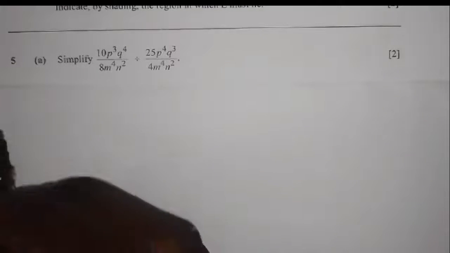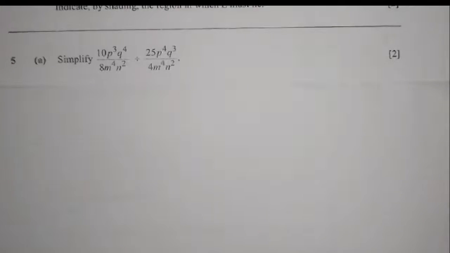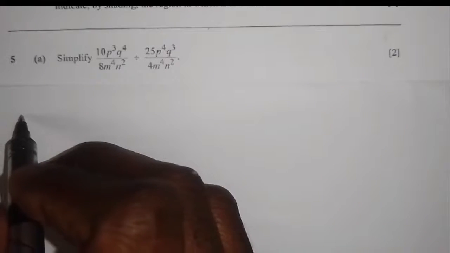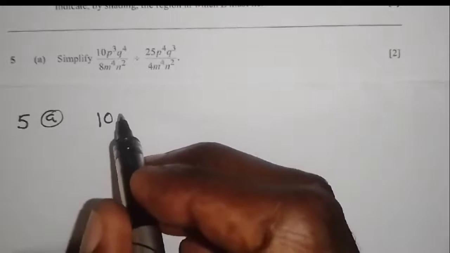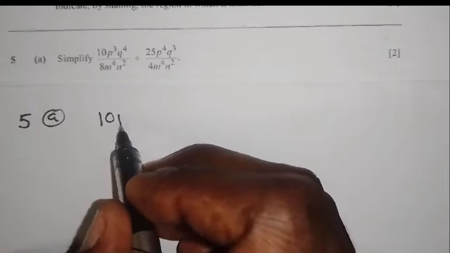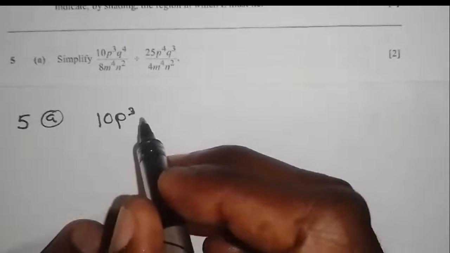When you look at question 5, they are talking about simplifying. Okay, so they are talking about simplification. So we copy the question. So this is 10 to the power 10p to the power 3.